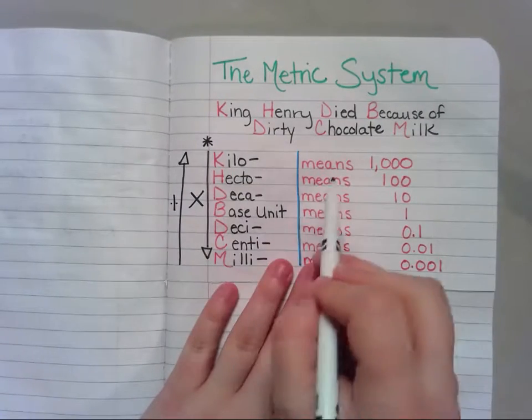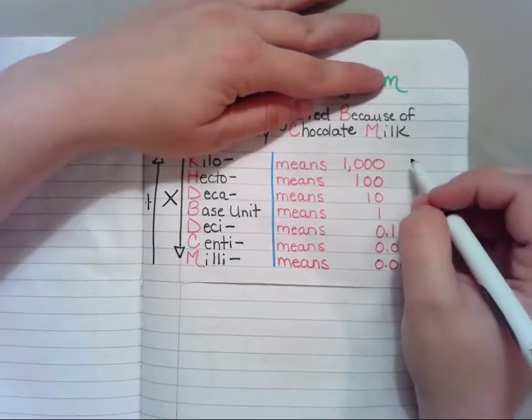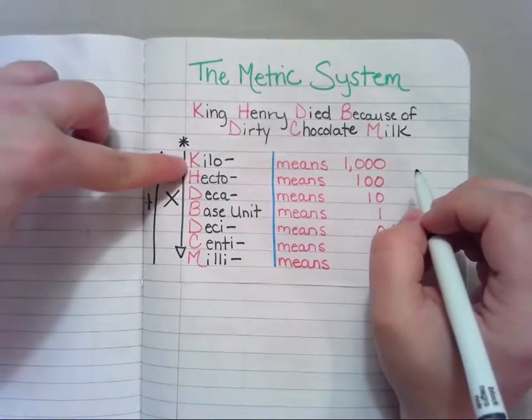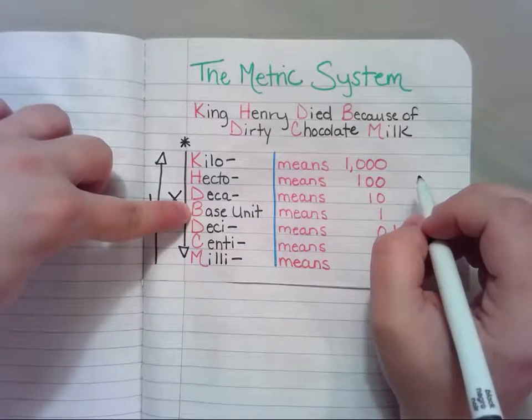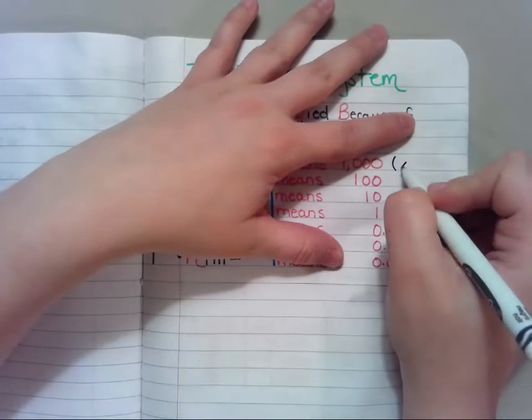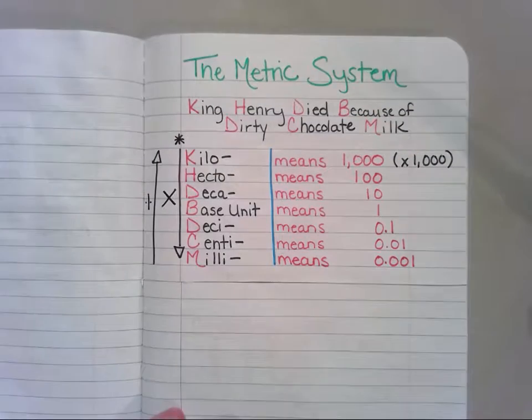Now, kilo means 1,000. Which means when I go to convert something from kilometers to a base unit, I'm going to multiply by 1,000.